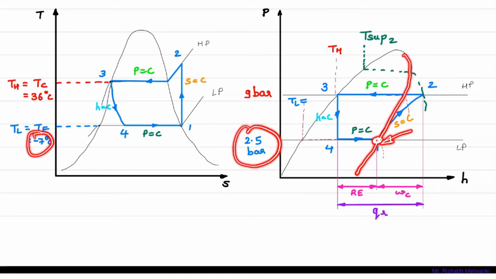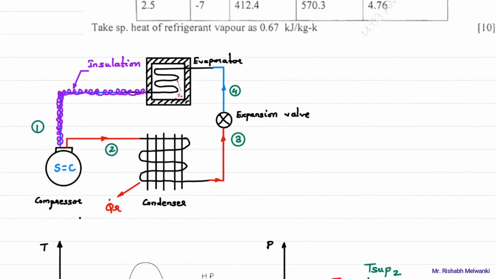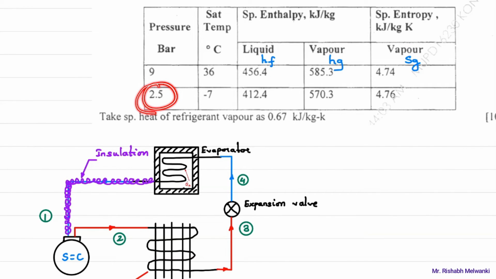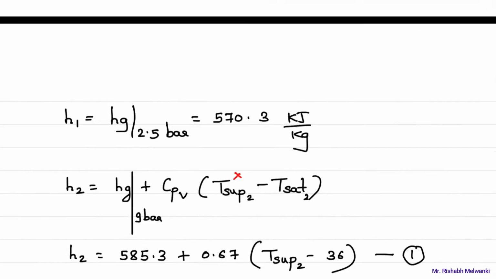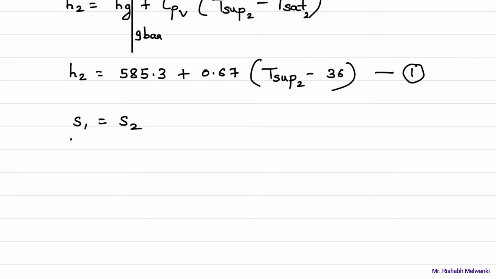So I'll go to the table. 2.5 bar. I require the SG value. What is that SG value? 4.76. So SG at 2.5 bar is 4.76, equal to S2.